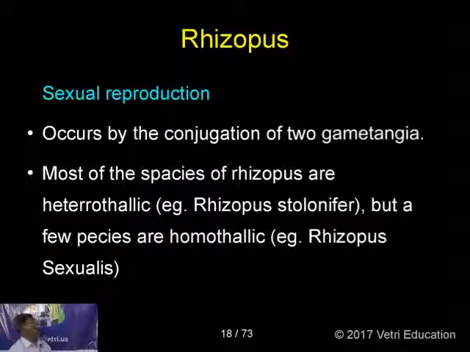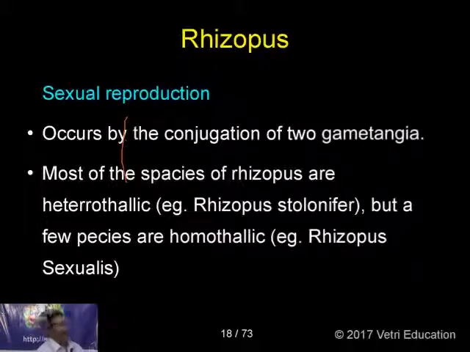Regarding the sexual reproduction, it occurs by the conjugation of 2 gametangia. Most of the species of Rhizopus are heterothallic. Heterothallic means the male and female structures develop on different thalli.